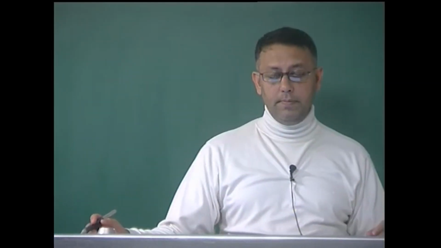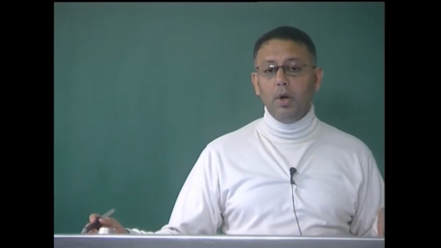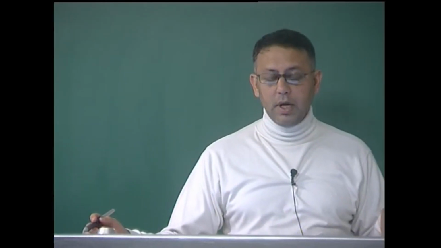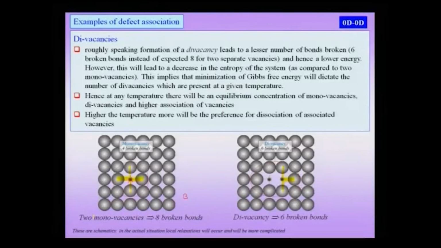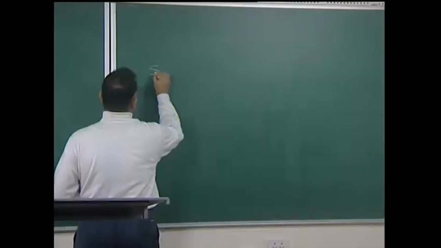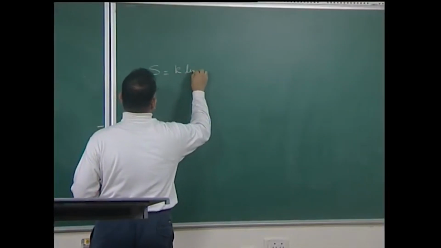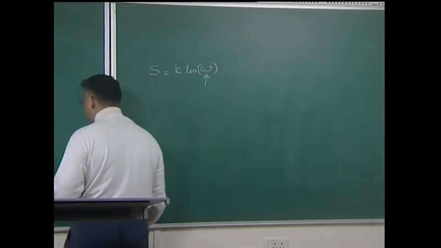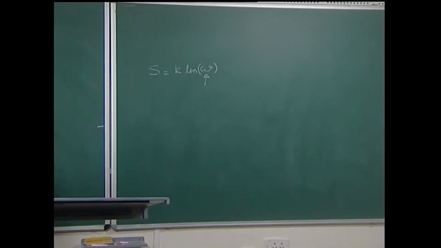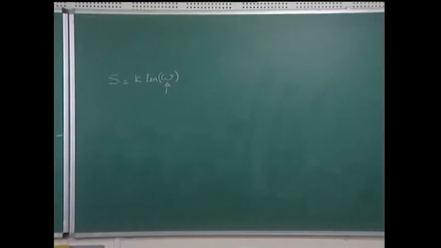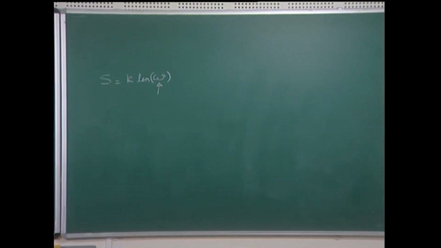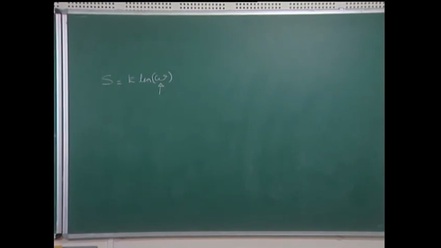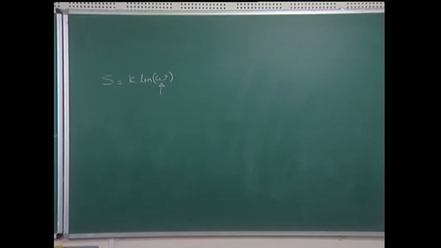On the other hand, when I have a divacancy, this pair has to configure together. This is posing a severe constraint on the number of available configurations, and we had already noted that S is equal to k ln omega. And since the number of available configurations is reduced a lot, this implies that my entropic benefit associated with this configurational entropy is reduced.